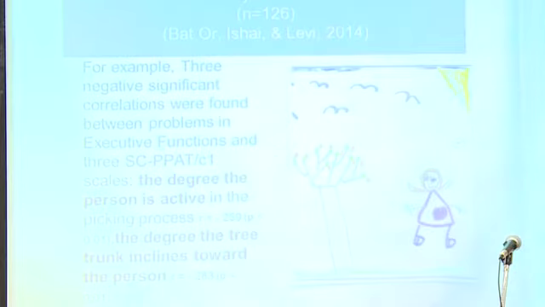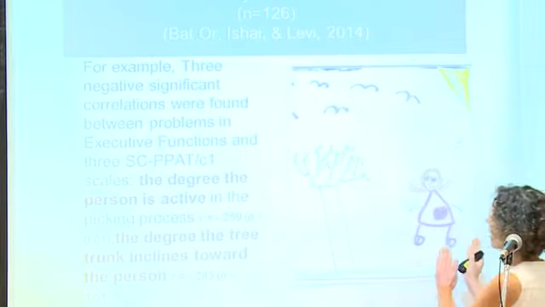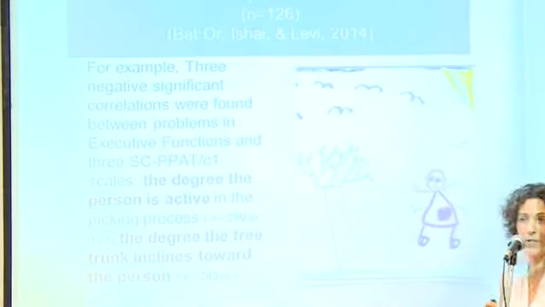And we found that there are associations between problems in cognitive or executive function and the children's tendency to draw the person as passive, like this, and the tree is bending or going to the other side of the person.